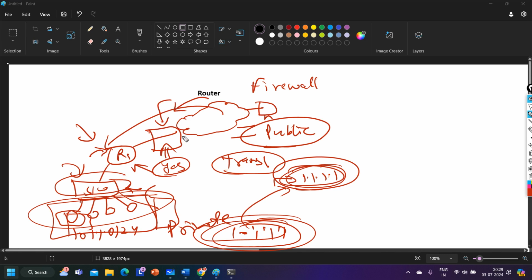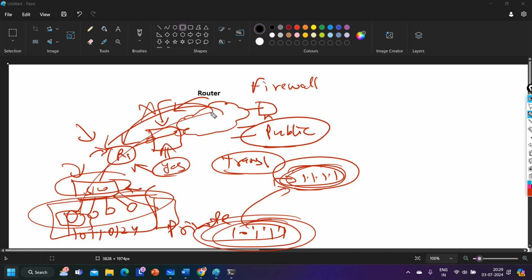Even if you do not configure the firewall, it is going to provide you security without any configuration. Just configure the interfaces. Once you place the firewall and configure the interfaces, this firewall will not allow traffic from the internet to the private network, public to private. It will drop all the traffic.